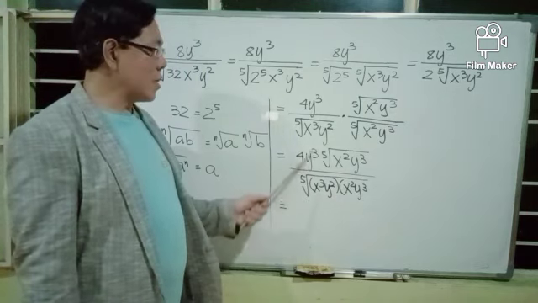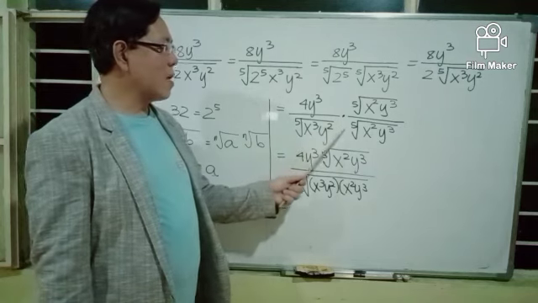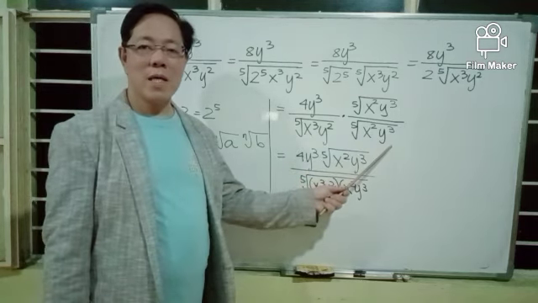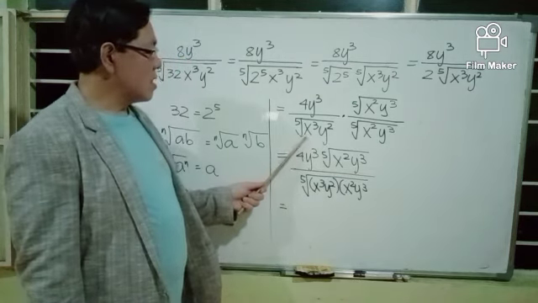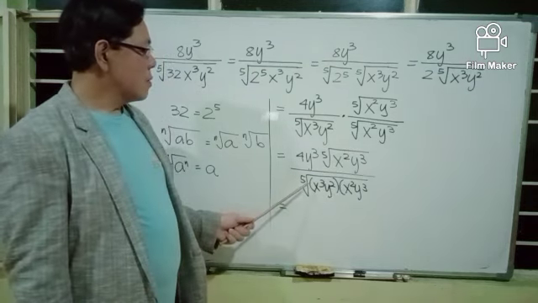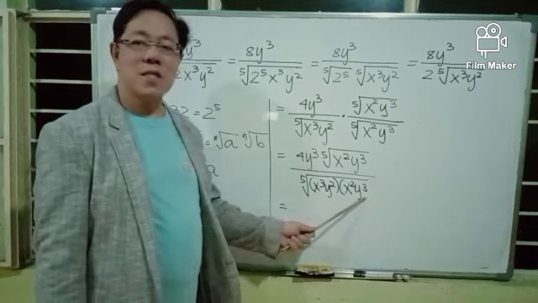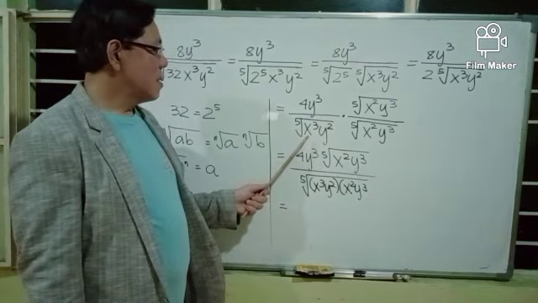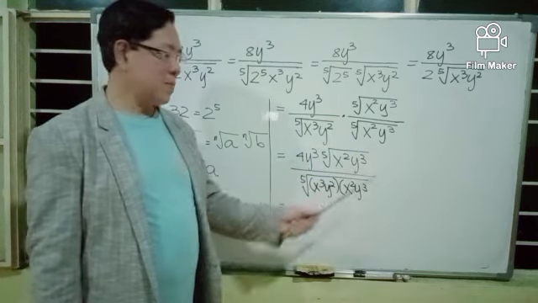Again, the denominator is the product of the fifth root of x cubed y squared and fifth root of x squared y cubed. By property of radical, they can be written as a single radical expression whose index is 5, the common index. And the radicand is the product of the radicands x cubed y squared and x squared y cubed.